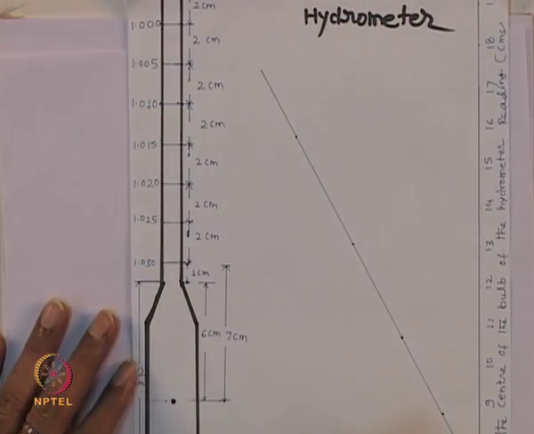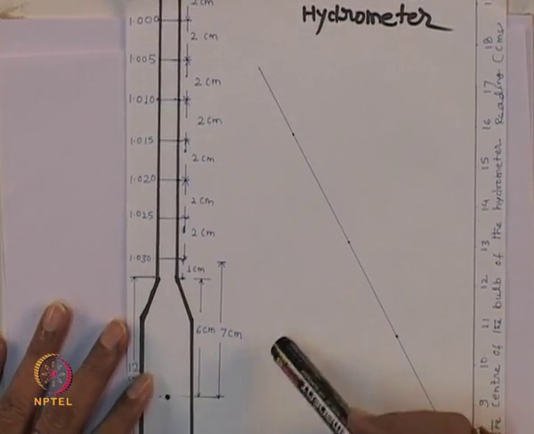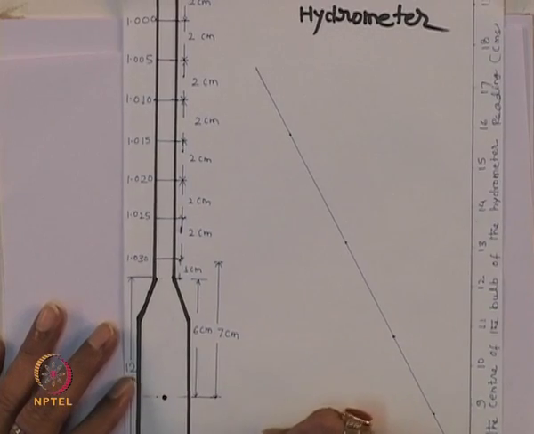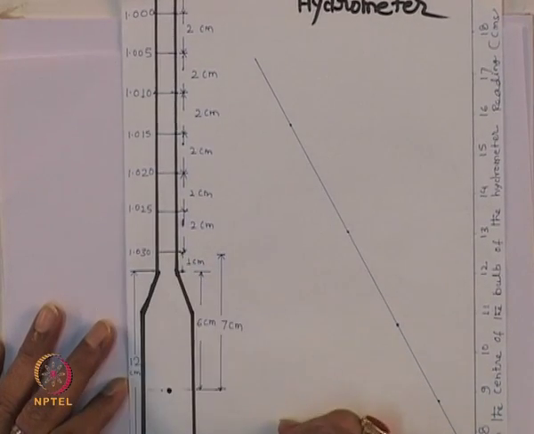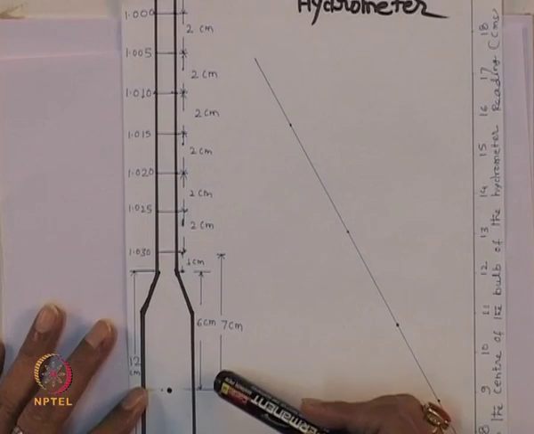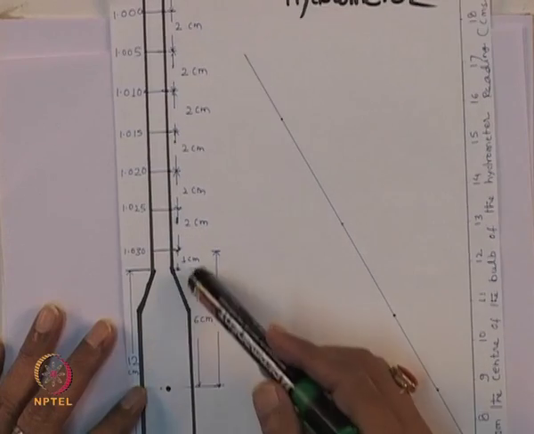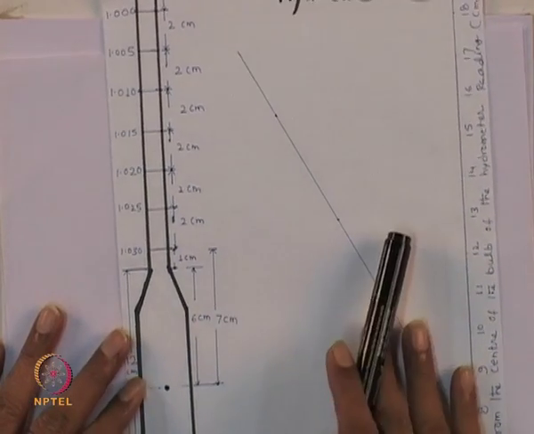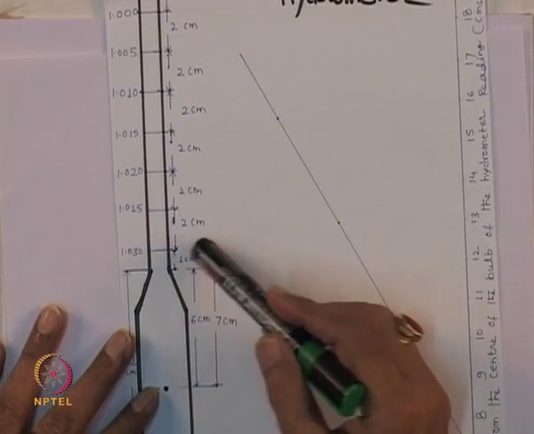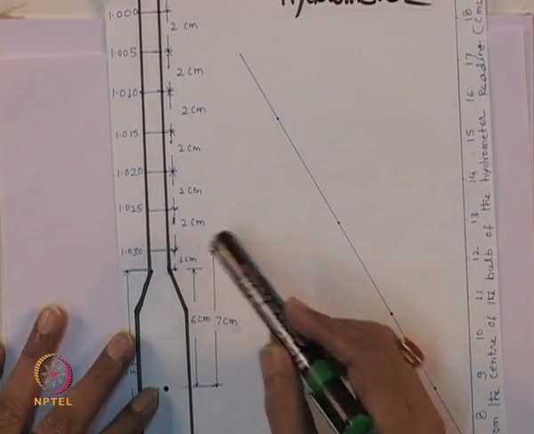For example, this is the hydrometer, and the height of this hydrometer is 12 centimeter. Half of this is about 6 centimeter, and from here it is 7 centimeter.